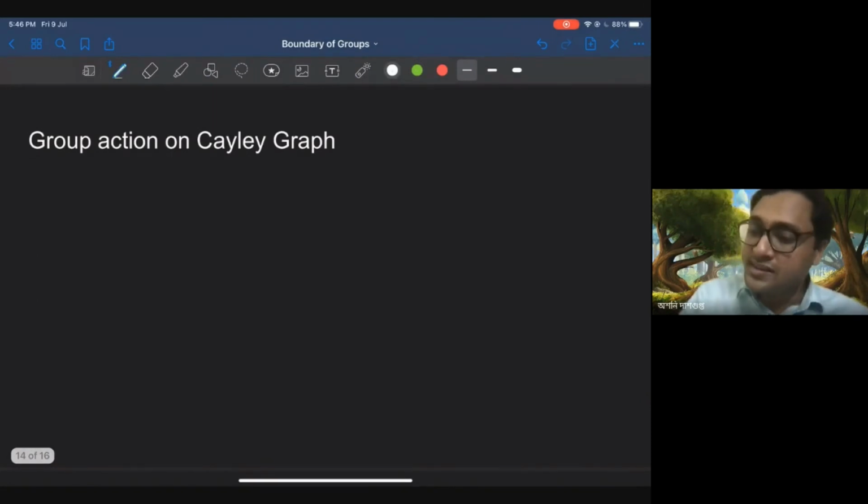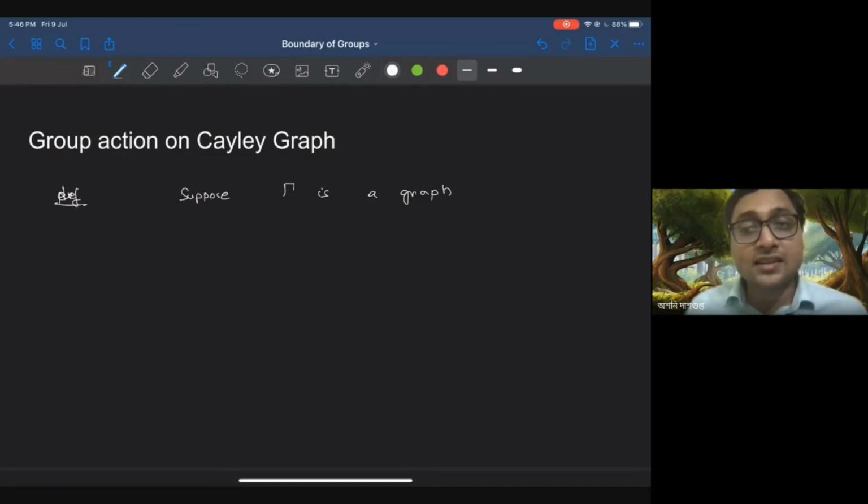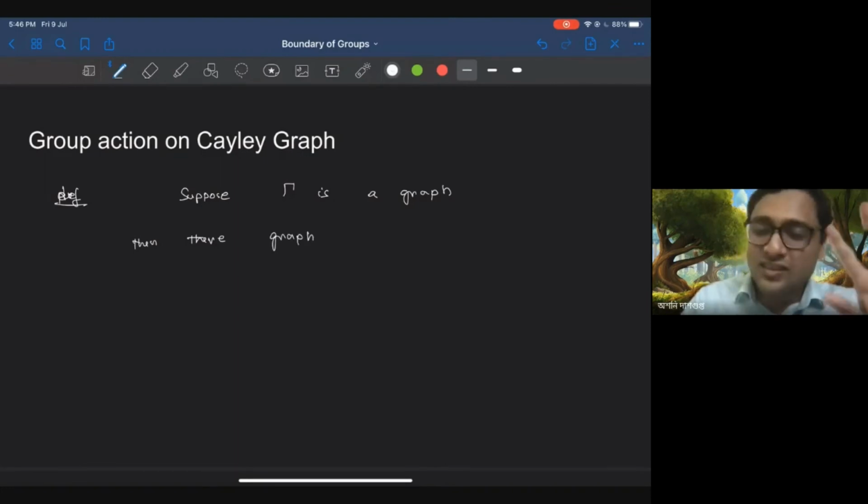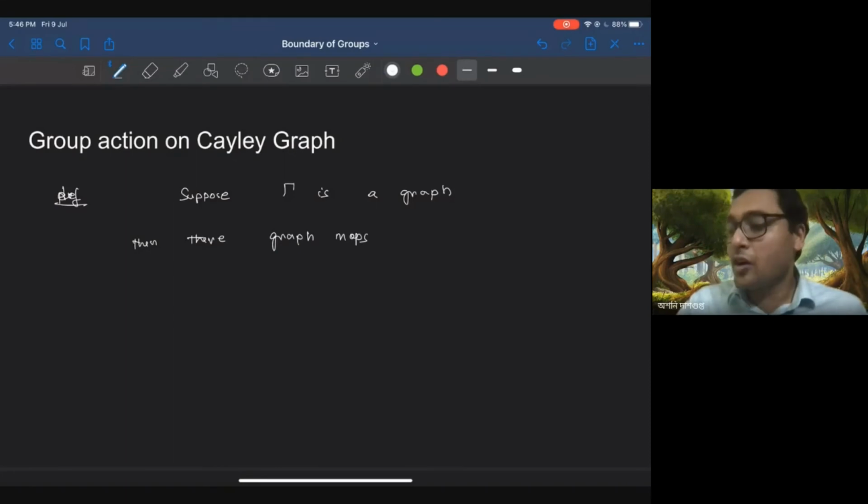So here is precisely what's happening. It's a definition. Suppose gamma is a graph. Graph means it contains vertices and edges. Maybe it is a Cayley graph. Then there are graph automorphisms, graph maps from gamma to gamma. There are many such maps, phi1, phi2, several maps from gamma to gamma.